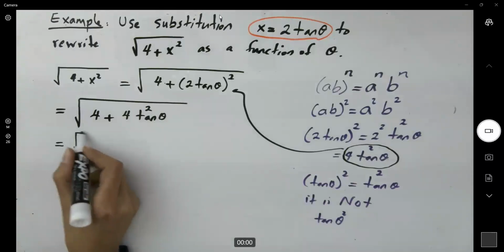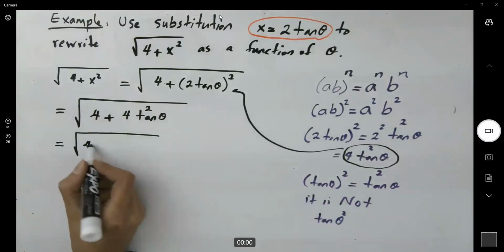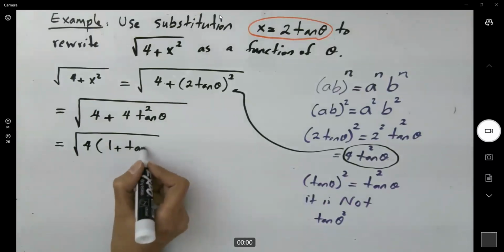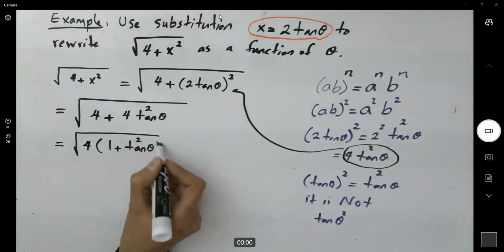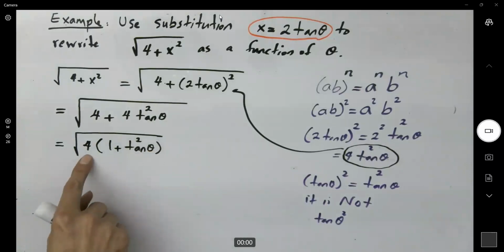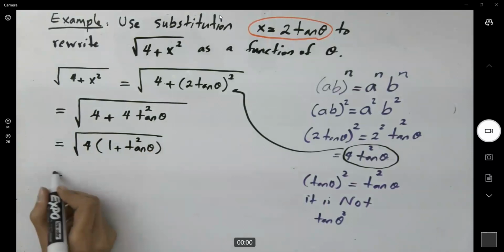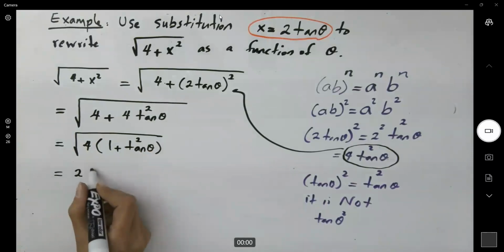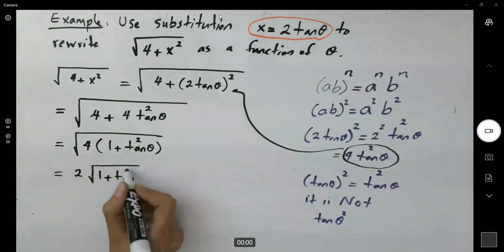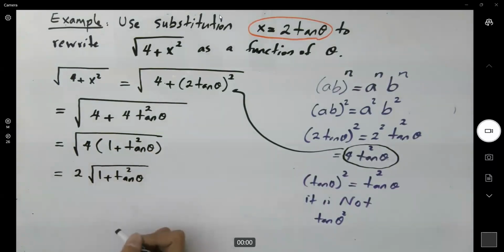This guy becomes the square root of 4 parenthesis 1 plus tangent squared of theta. Again, from algebra, you can write the square root of 4 as 2. This guy becomes 2 times the square root of 1 plus tangent squared of theta.